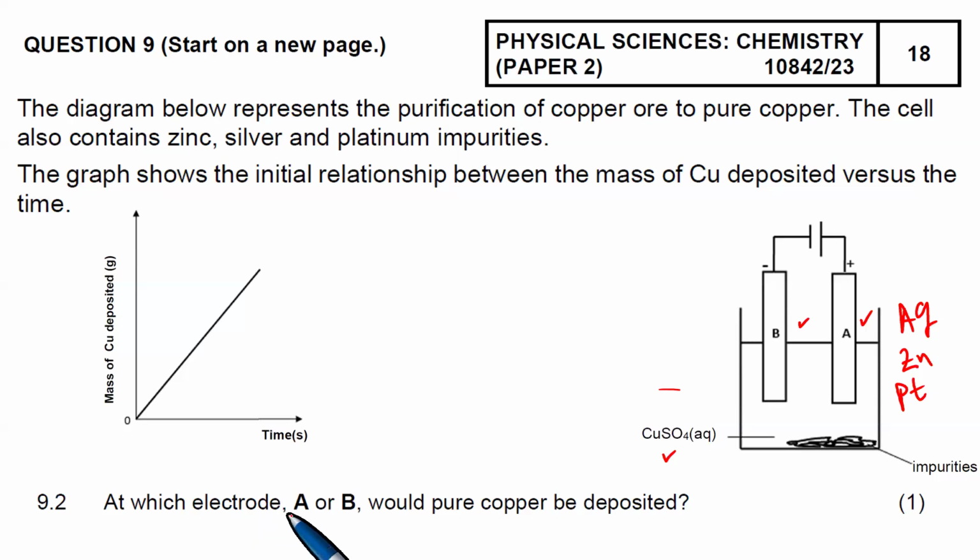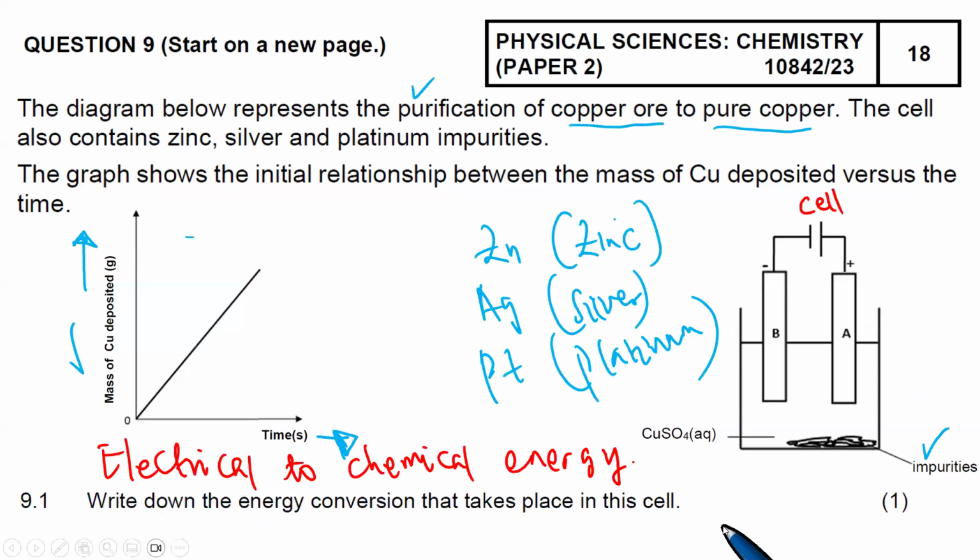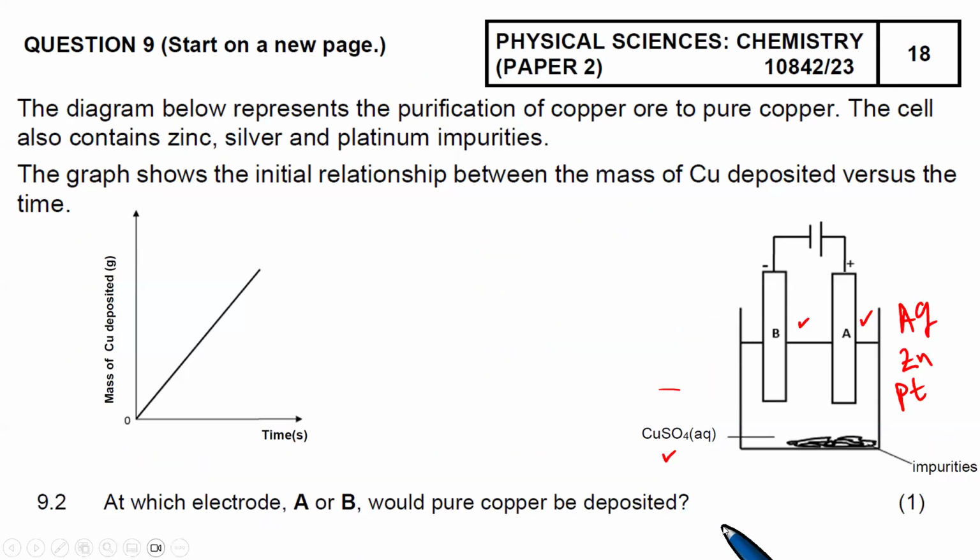Now, at which electrode would pure copper be deposited, A or B? Provide a reason for your answer. We are going to look at the reason, but first, answer this question here.